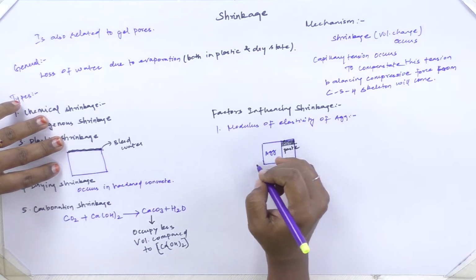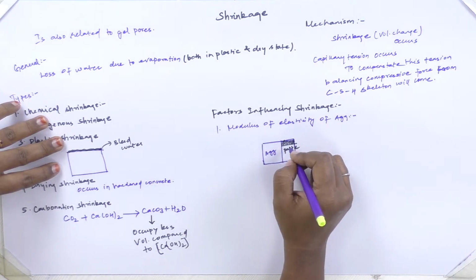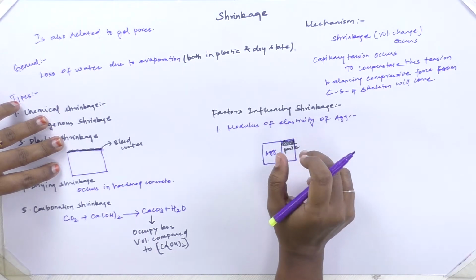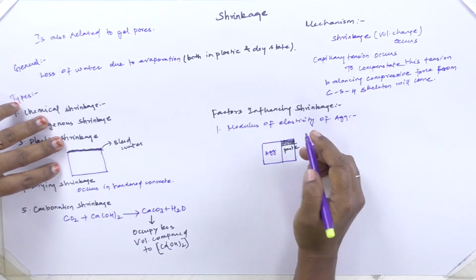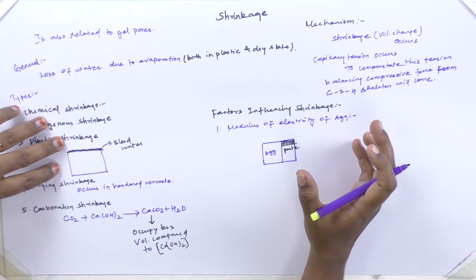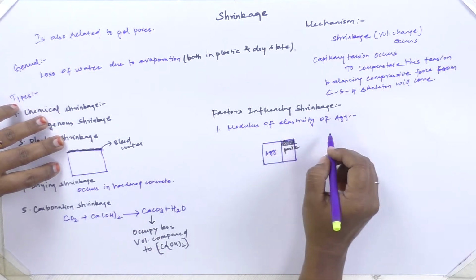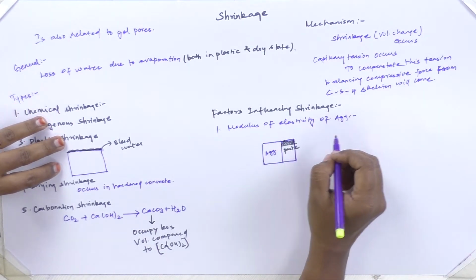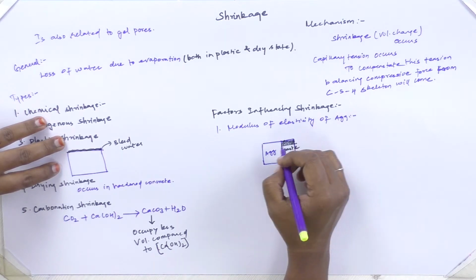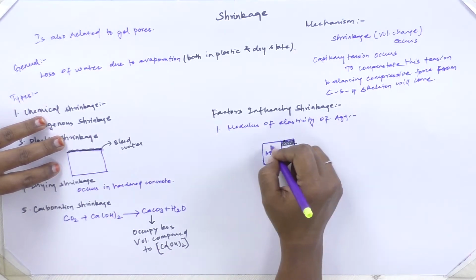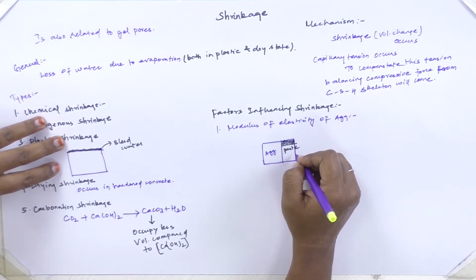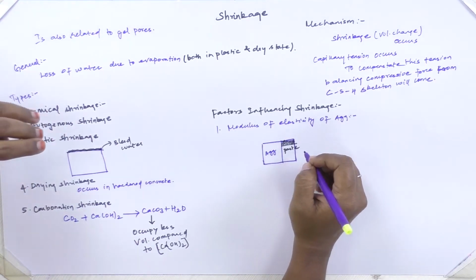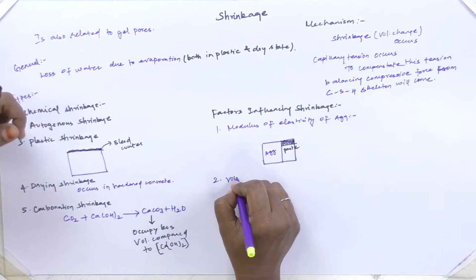If not, then this paste shrinkage occurs and it ultimately results in the shrinkage of the concrete. So the modulus of elasticity of the aggregate which I am using in concrete should have a higher value to restrain the paste shrinkage.